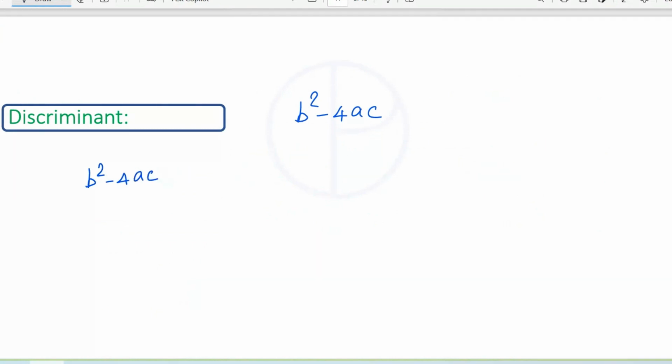If b squared minus 4ac is equal to 0, then the quadratic touches the x-axis once, so it has one root, that is repeated roots.